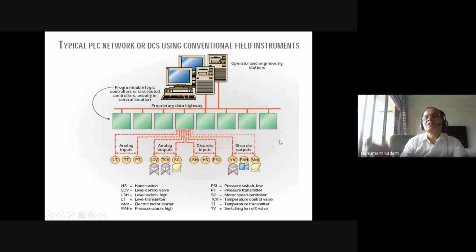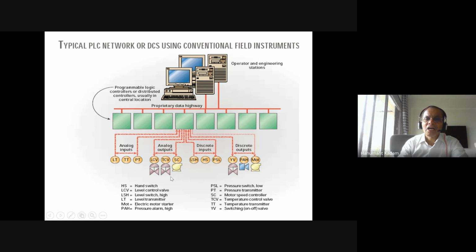If the plant size is large, for example refineries, where so many controls are required, you can see these controllers on this proprietary data highway control network, connected to the workstations, operator stations, and engineering stations, from where the engineers, operators, and chemical process engineers operate the plant, or instrumentation engineers maintain and configure the plant.